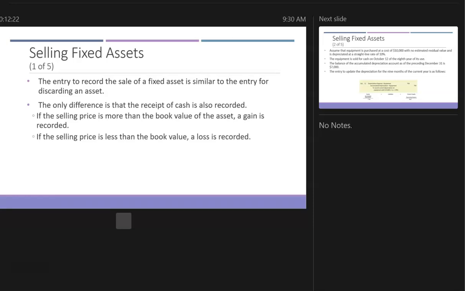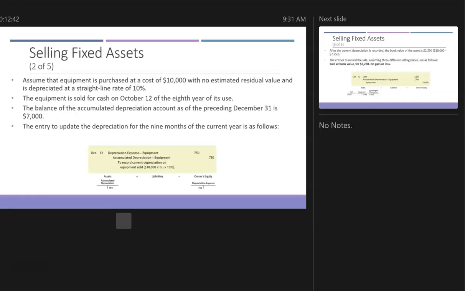The entry to record the sale of a fixed asset is similar to discarding the asset. The only difference is we're going to have cash. If the selling price is more than the book value of the asset, we'll show a gain. If the selling price is less than the book value, then we'll show a loss.